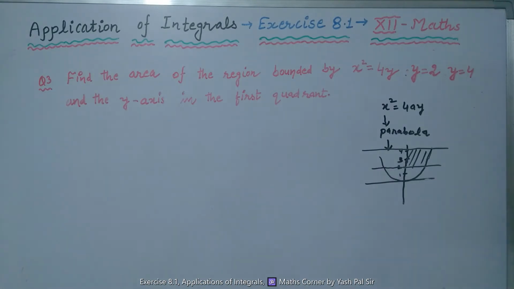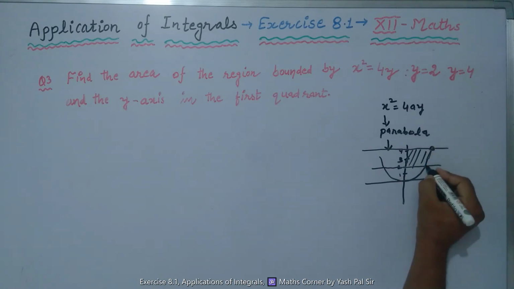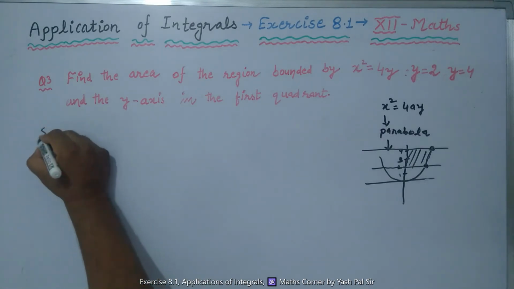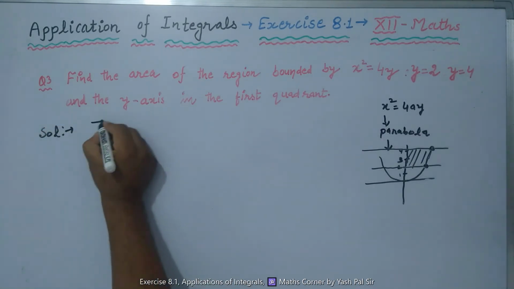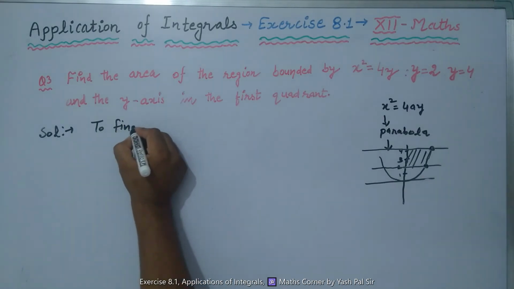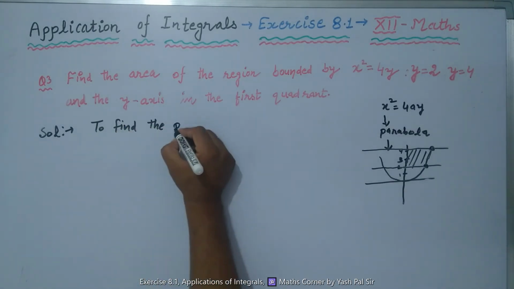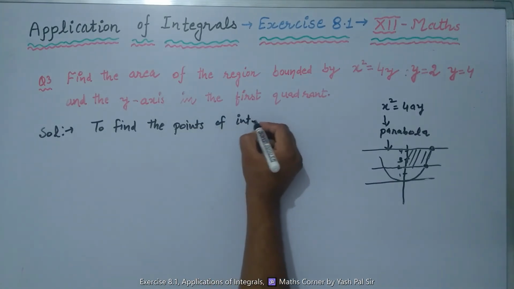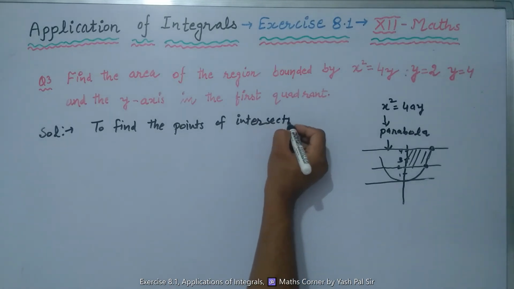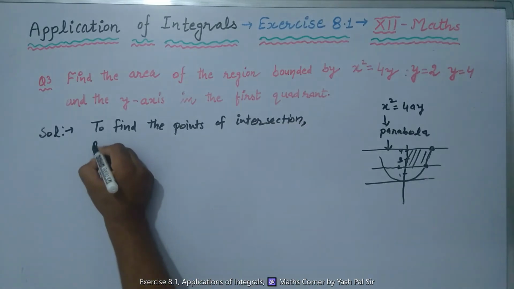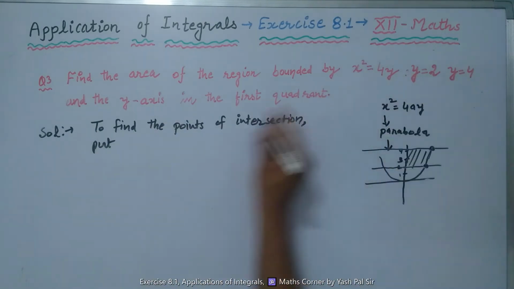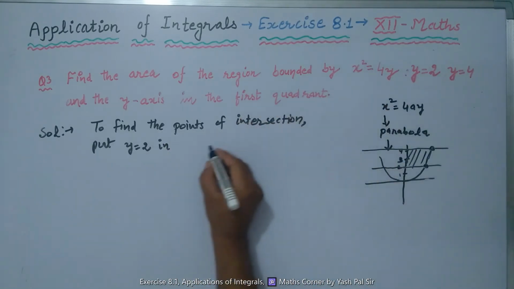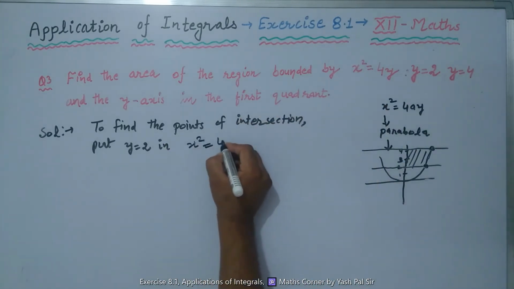So first of all we have to find the points of intersection of this and this, right? So how to find the points of intersection? To find the points of intersection, put y is equal to 2 in x square is equal to 4y.